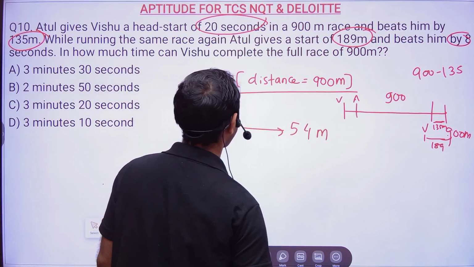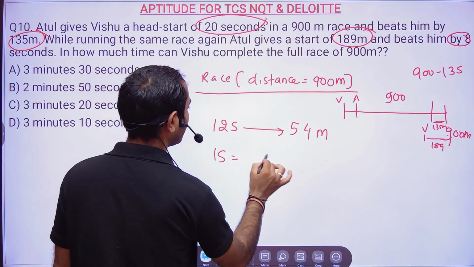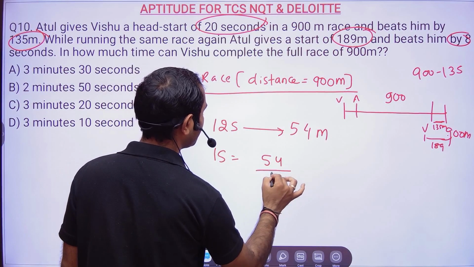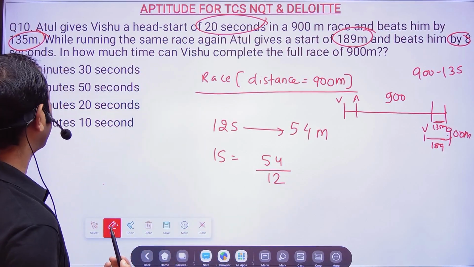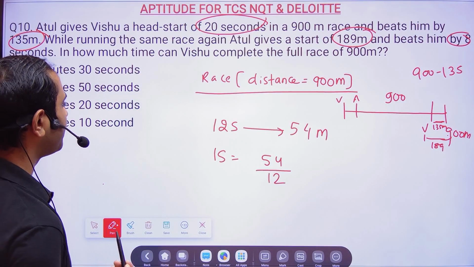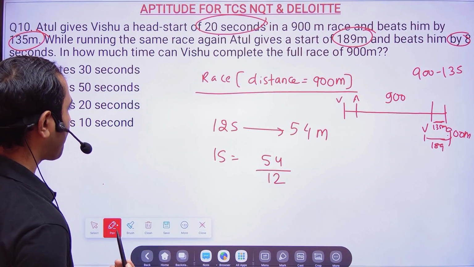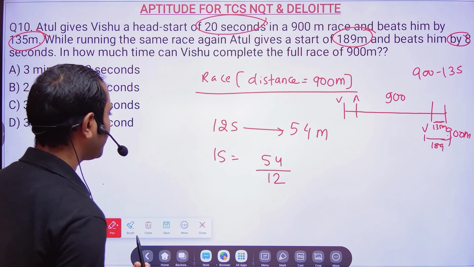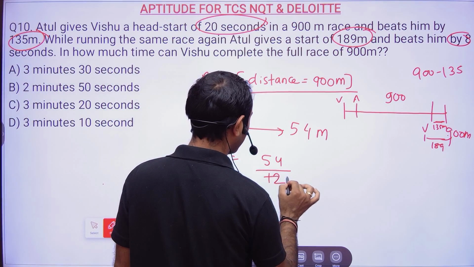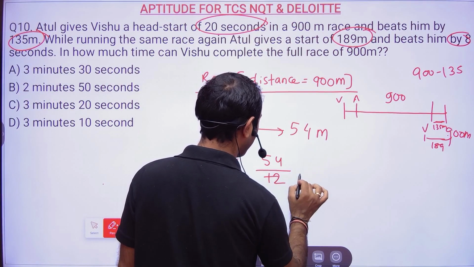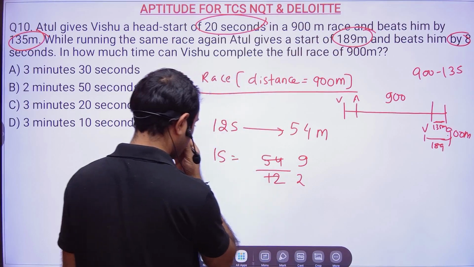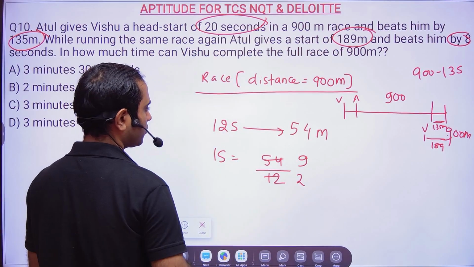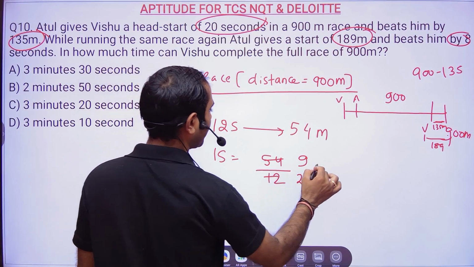Okay, then in 1 second, 54 by 12. Okay, and then for 900 meters, in 1 second what will be the difference? 4 3s are, no, 6 2s are, and 6 9s are. Okay, so in 1 second 9 by 2 meters.